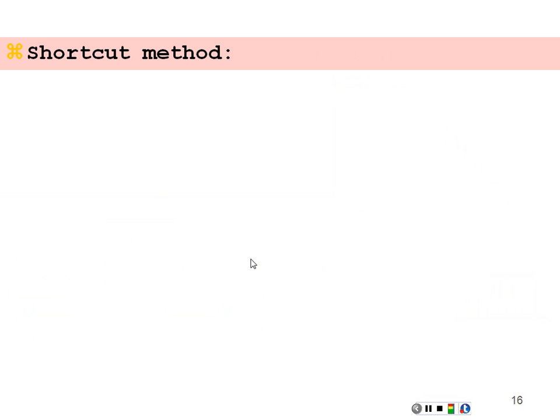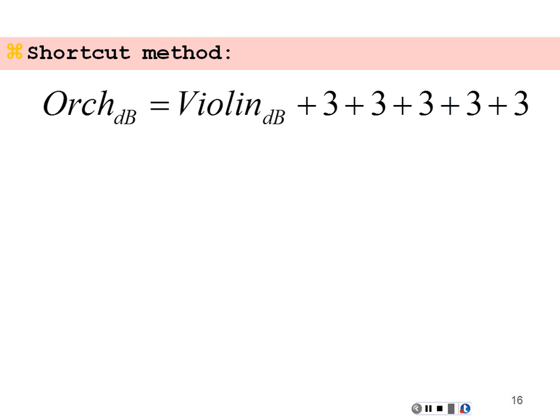Here's a possibility of how we could solve this using the quote-unquote shortcut method. If I think of the orchestra as being the intensity level of the violin, 70 decibels, plus 3 decibels, plus 3, plus 3, plus 3, plus 3, adding up to 85 decibels. So I have to have 3 five times.